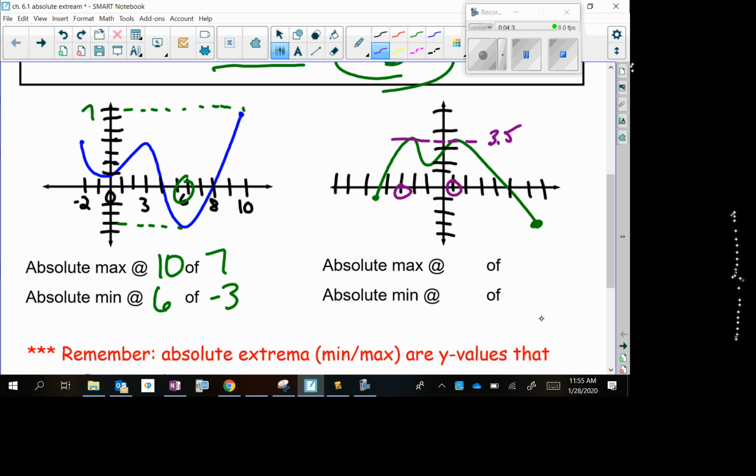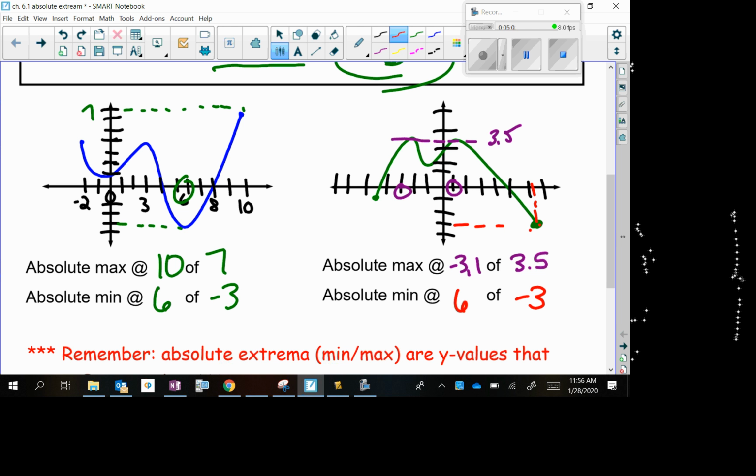So we have absolute max at -3 and 1 of 3.5. And what about our absolute min? At 6, and it is -3, right? At 6. And again, I apologize about these graphs. I should have given you all better graphs there.